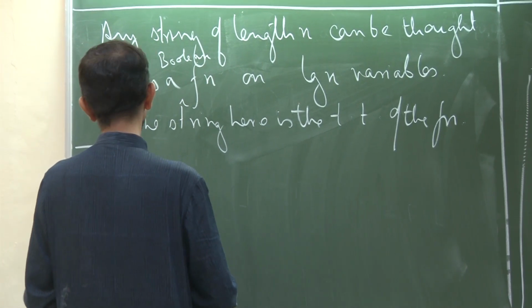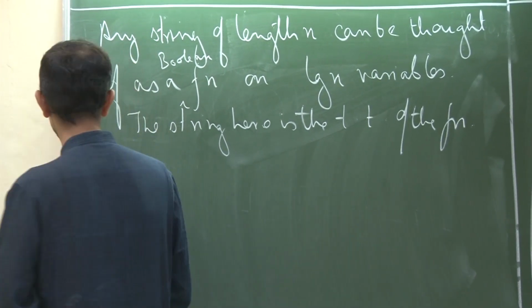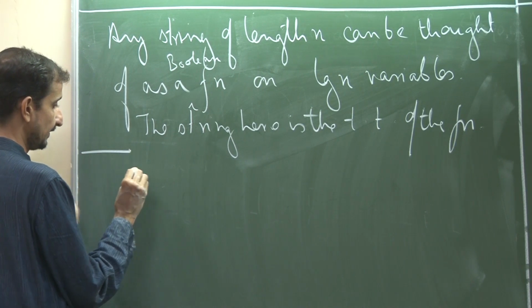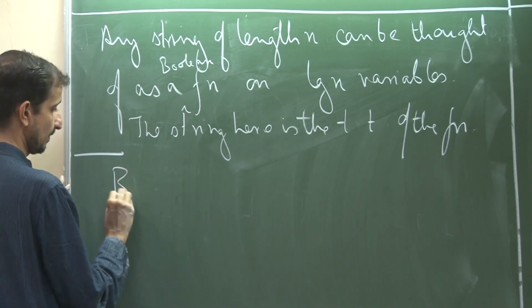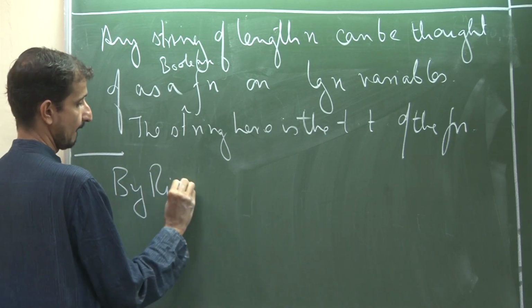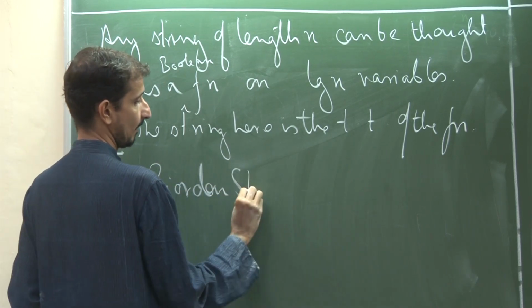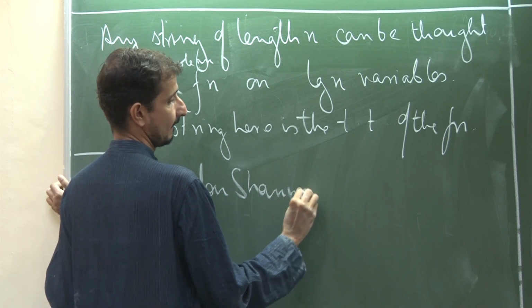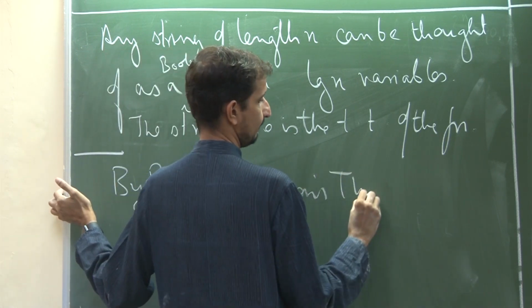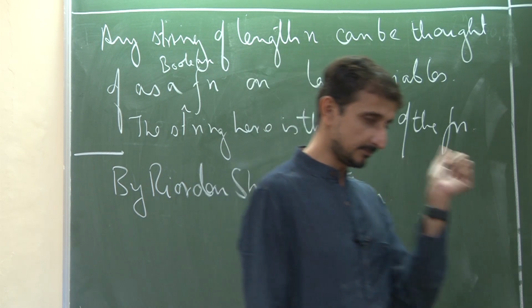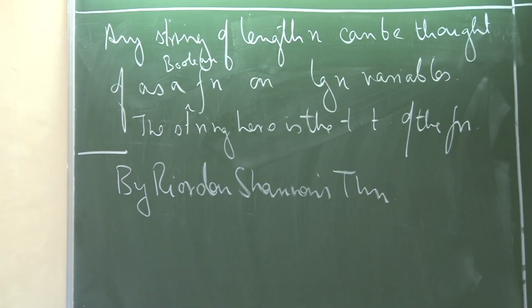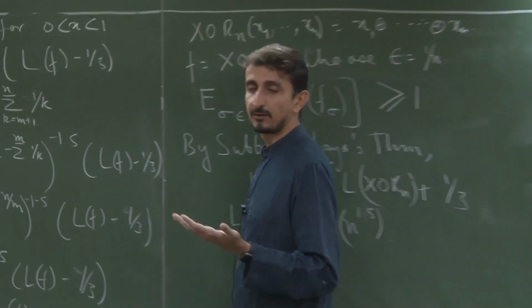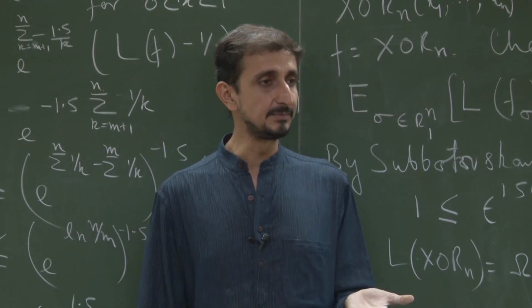Now we will use the following. Recall this theorem, Riordan-Shannon's theorem. What was Riordan-Shannon's theorem? Let me just recall it for you. Riordan-Shannon's theorem gave us a lower bound on the formula size of any function, over any arbitrary basis.